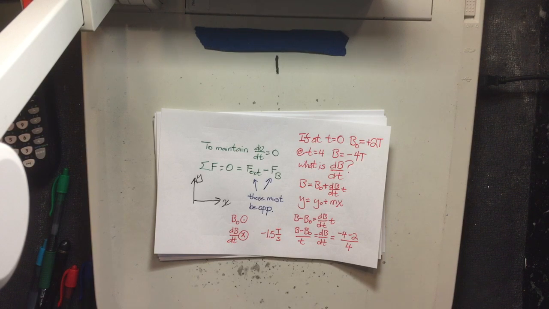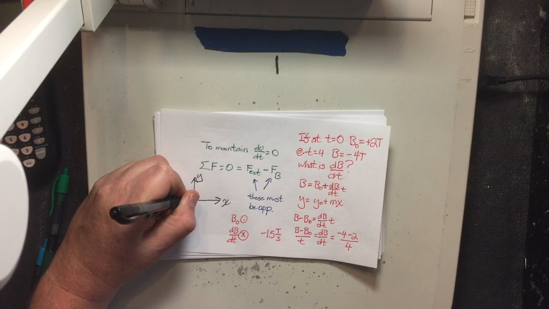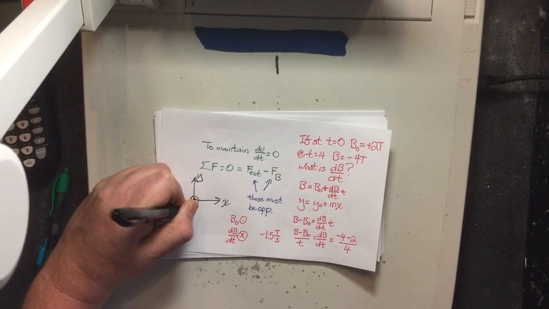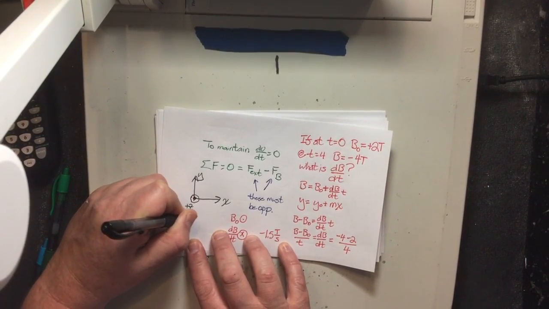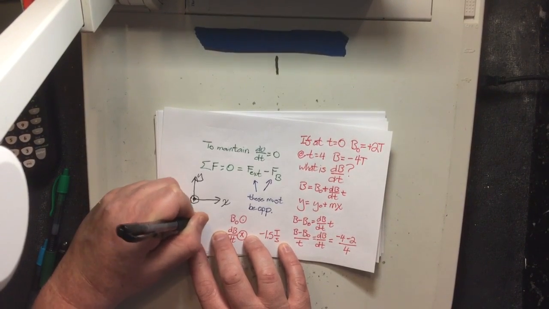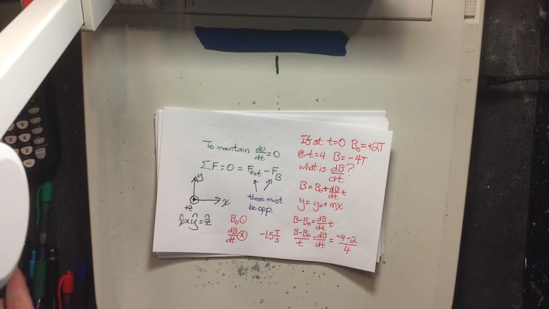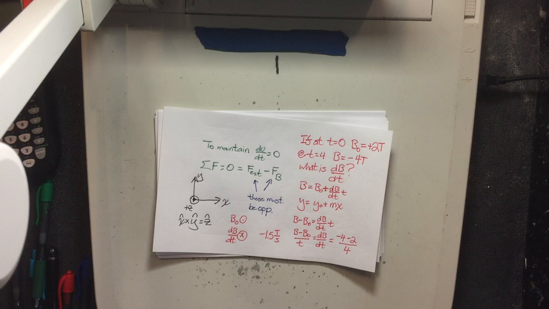Z is typically the third dimension. It is out of the page. Positive Z is out because there's a mathematical identity, X crossed with Y will give you Z. And that's because we live in a right-handed coordinate system. X cross Y, Z. And so that's why I say that out of the page is positive.